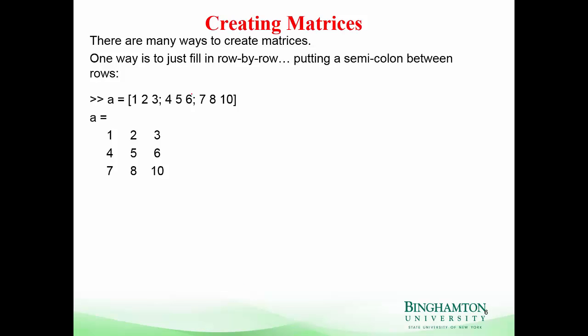Now, I didn't show this, but we could use the same idea to create a vector. So suppose we wanted a vector A is equal to, and we could just put in 1, 7, 5, 3. That would create a 1 by 4 vector that has the elements 1, 7, 5, and 3 in it.